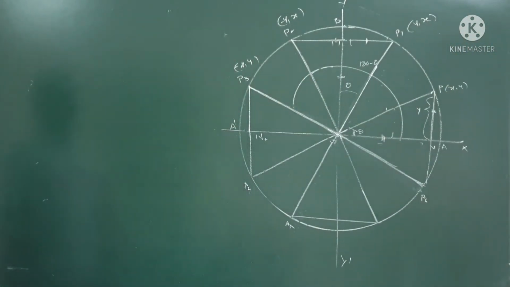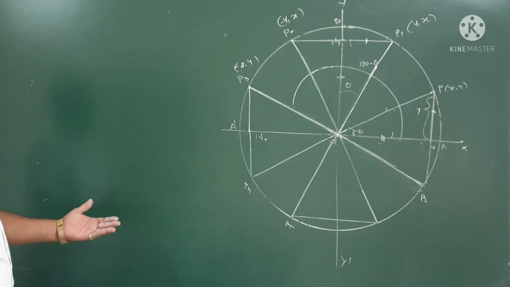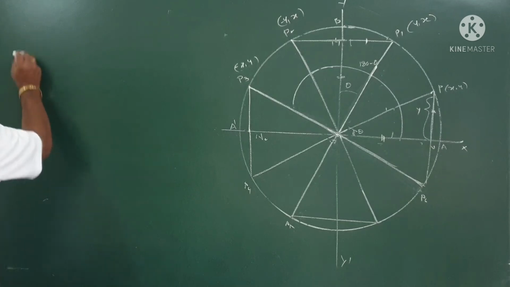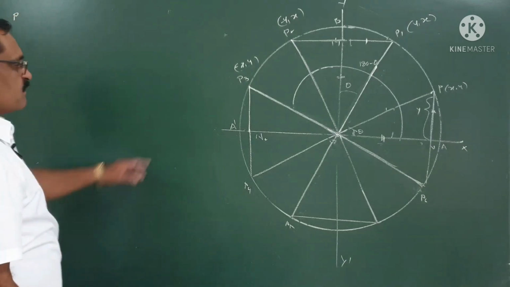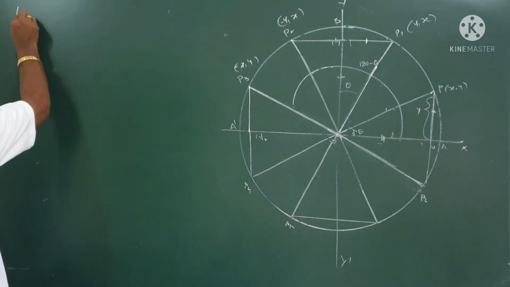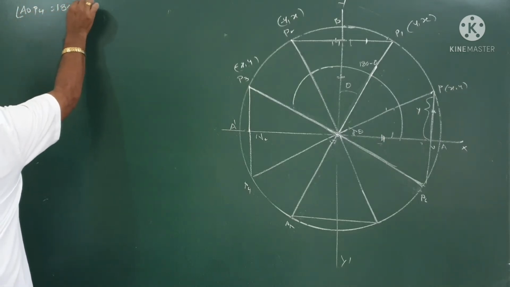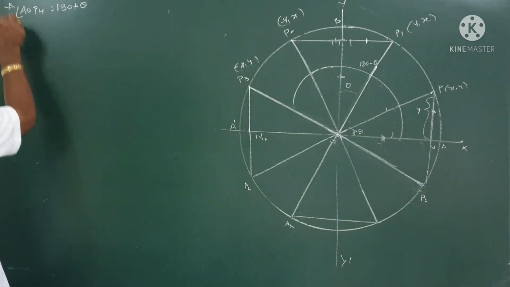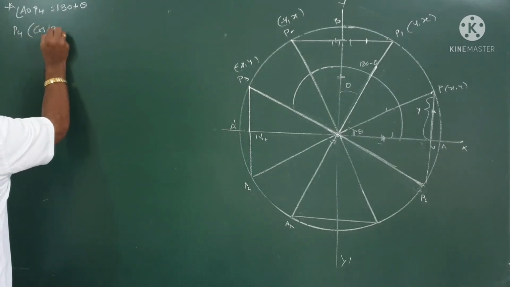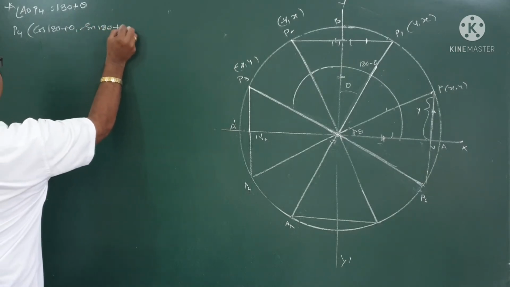Quickly, I will make a list of the values for 180 plus theta, 270 minus theta, and so on. Position P4, we reached up to P3. Position P4 is angle AOP4 equal to 180 plus theta. Therefore, P4 coordinates are cos of 180 plus theta and sin of 180 plus theta.